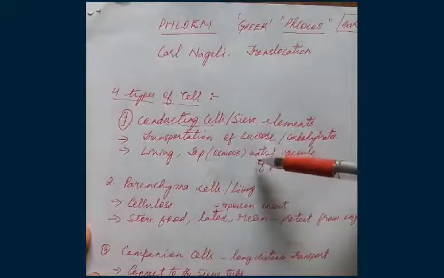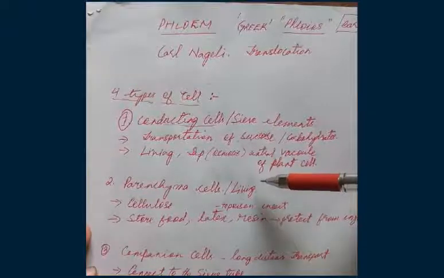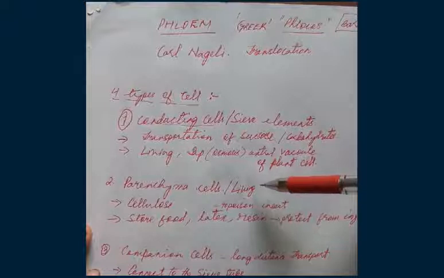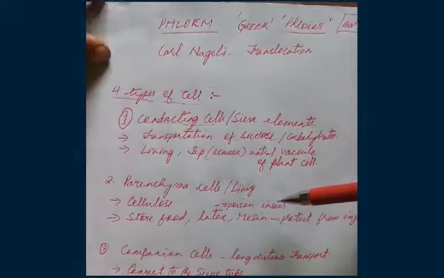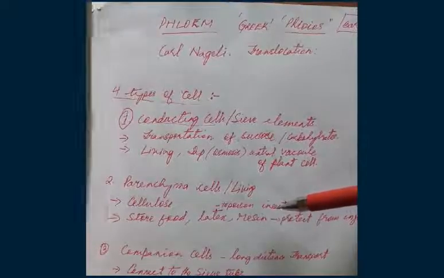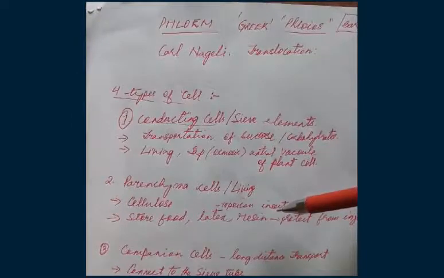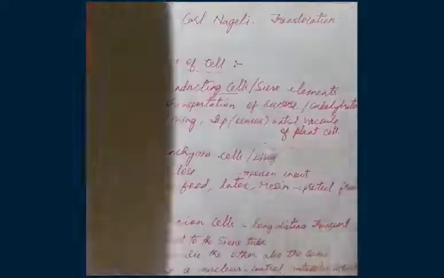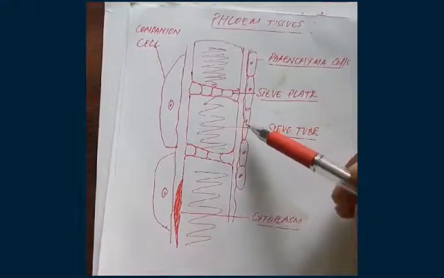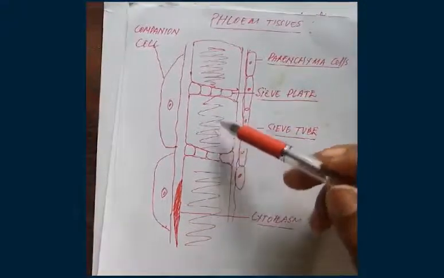By the term conducting or conduction, it means to transport, right? So these sieve elements are responsible for the transportation of food. I've drawn it here. This is the sieve element.